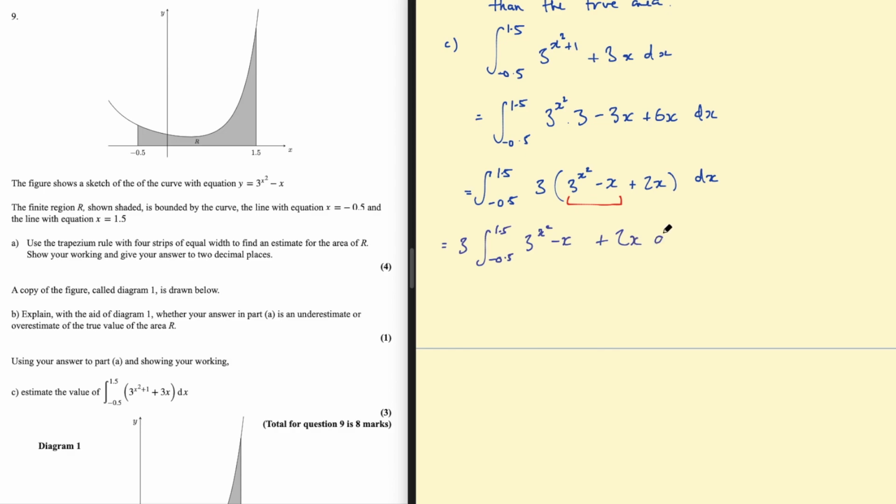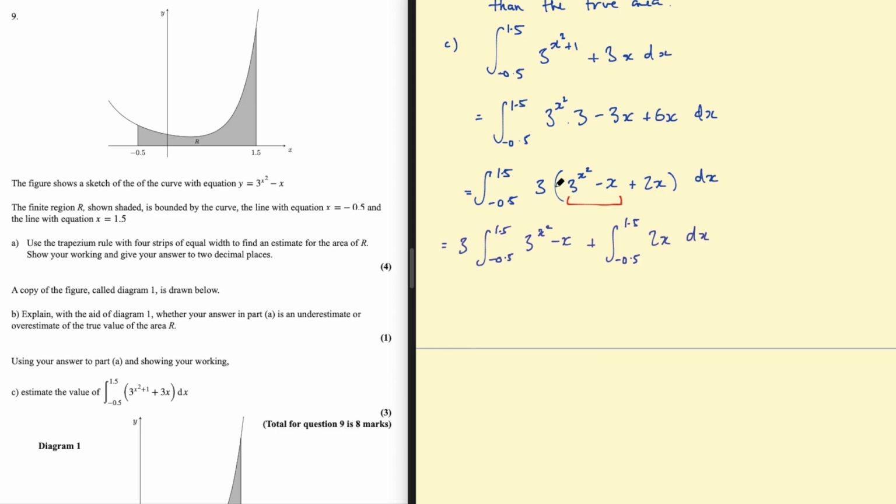And we just need to worry about the 2x. And actually, we can separate them out, right? The integral of all of this is the same as the integral of 3 to the power of x squared dx plus the integral of 2x dx. Okay, so the reason we wrote it as negative 3x plus 6x is so we can separate it out, because we have an approximation for this area already. We just need to worry about this one.